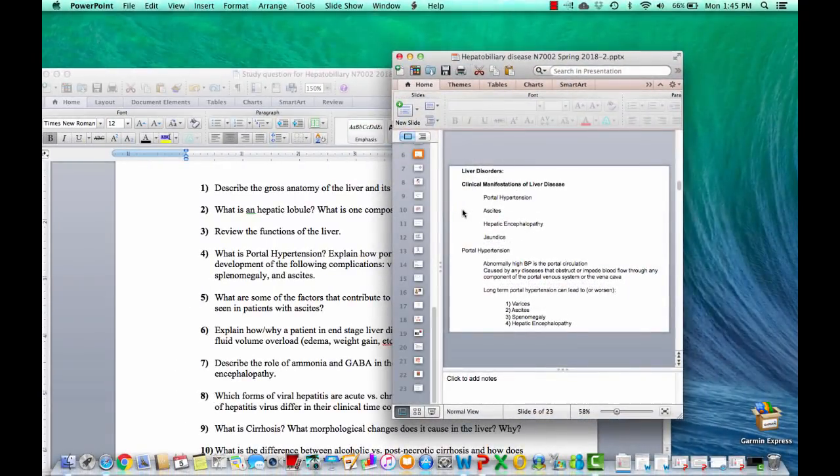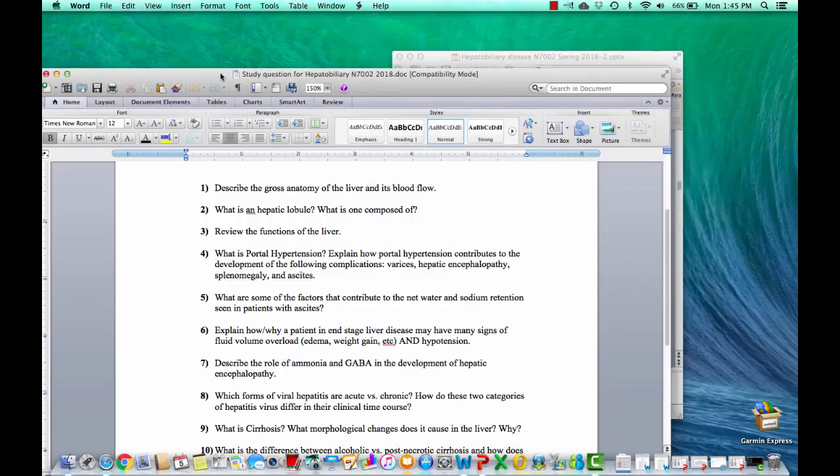So next question, which I may have already stolen from, number 5. What are some of the factors that contribute to the net water and sodium retention seen in patients with ascites? We actually just mentioned it.